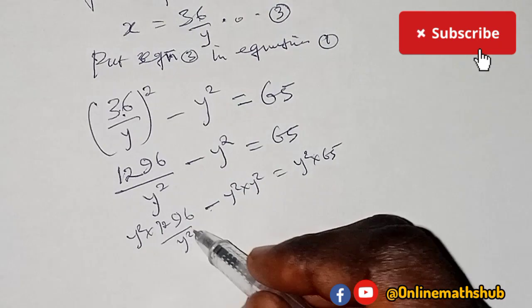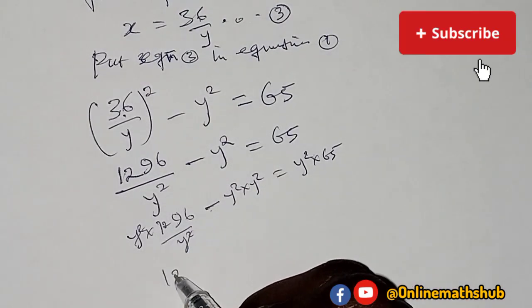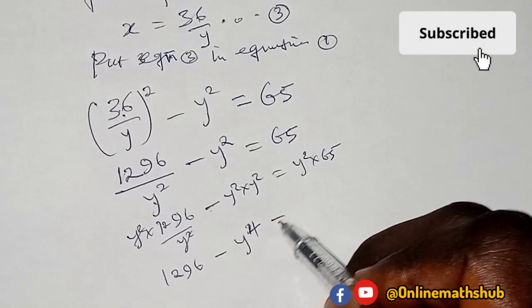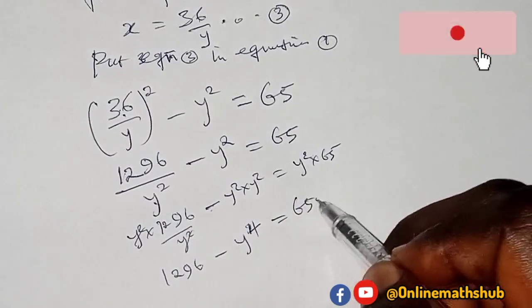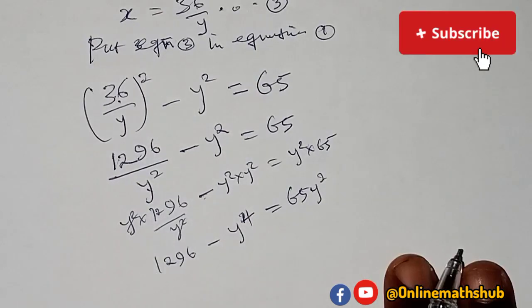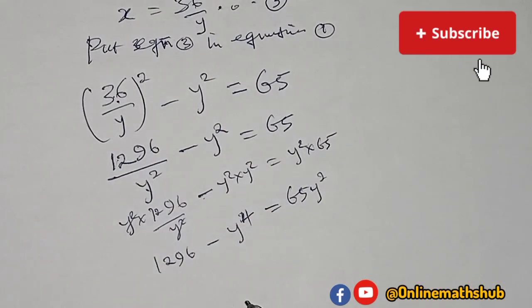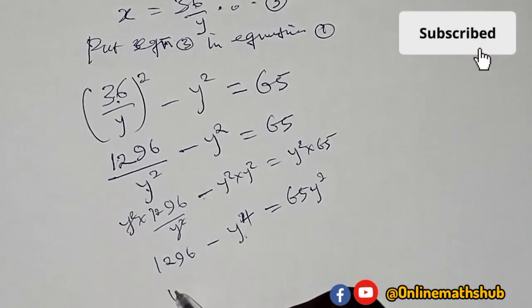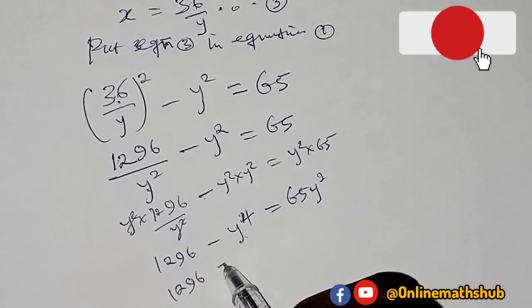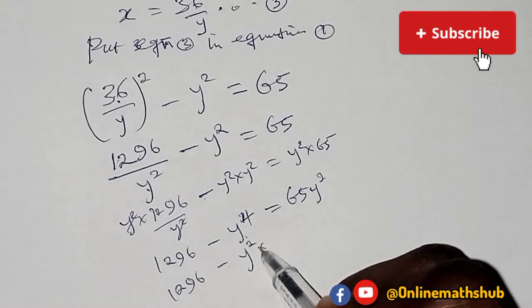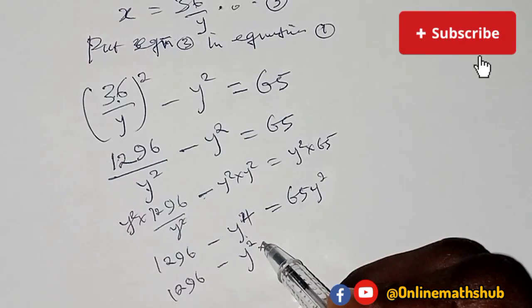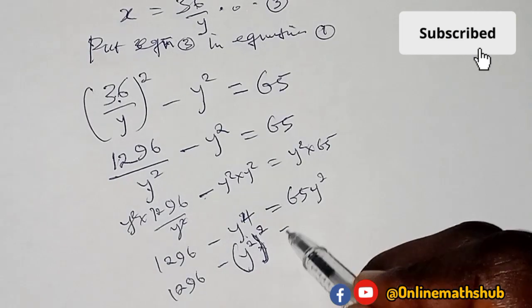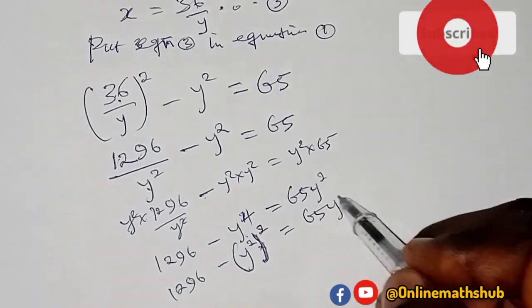This cancels, and I'm left with 1296 minus y raised to the power of 4 is equal to 65y squared. I can also write this as 1296 minus y squared raised to the power 2 is equal to 65y squared.